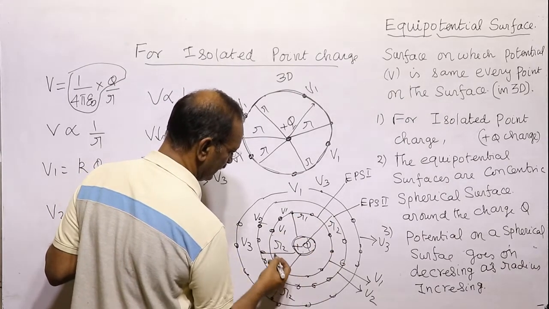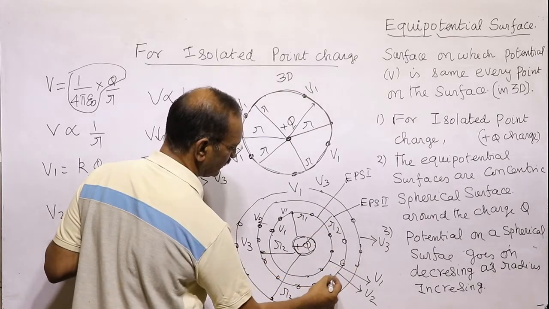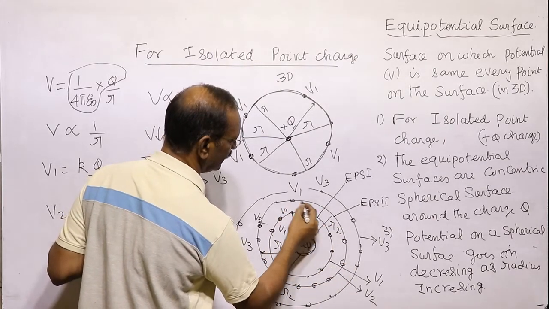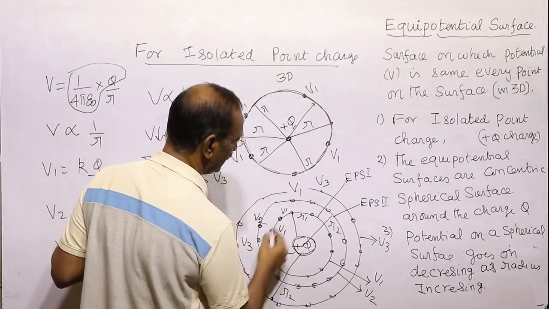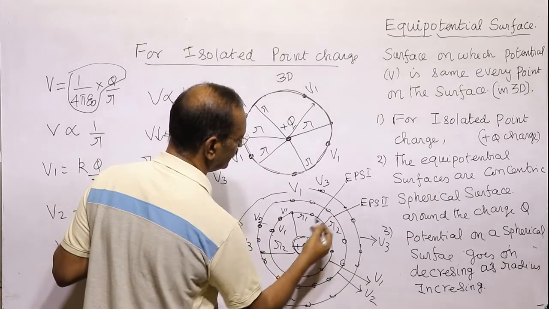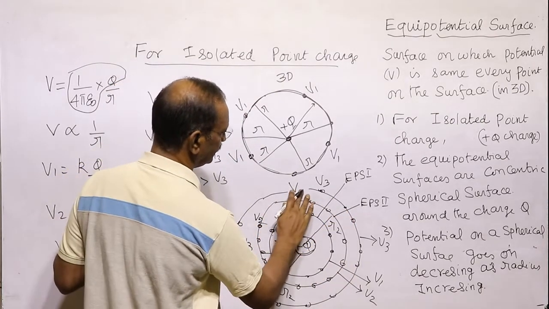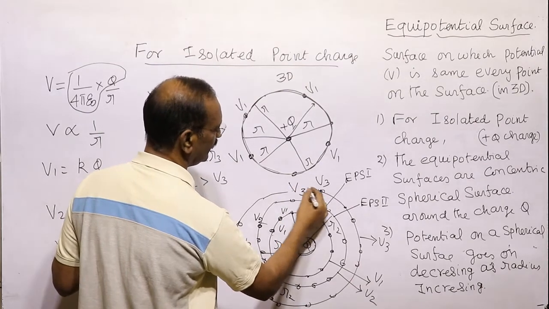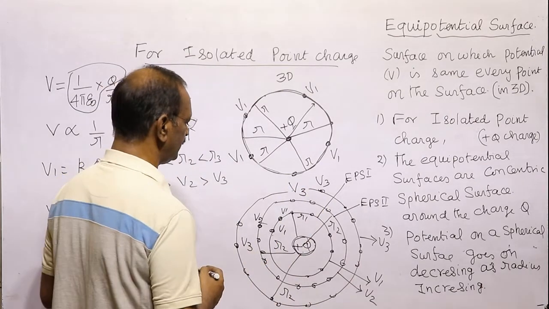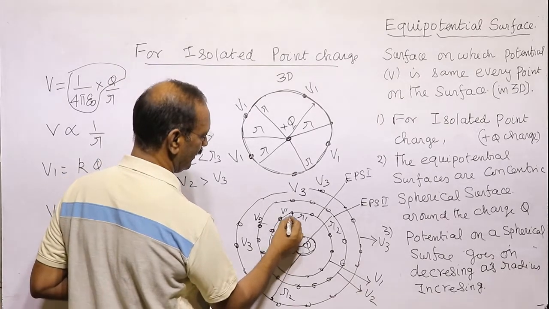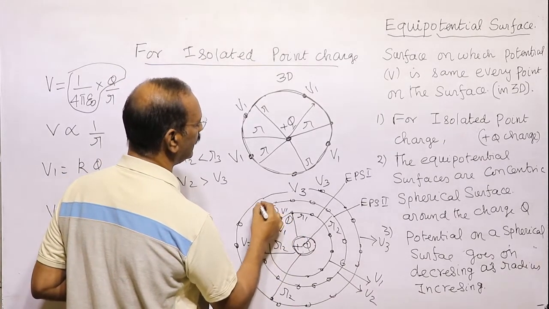Everywhere on surface 1 the potential is V1, on equipotential surface 2 the potential is the same everywhere, V2, and on surface 3 it is V3. These are equipotential surfaces 1, 2 and 3.